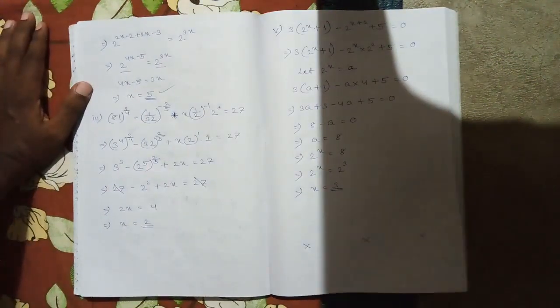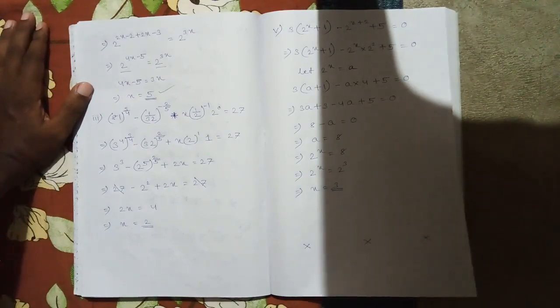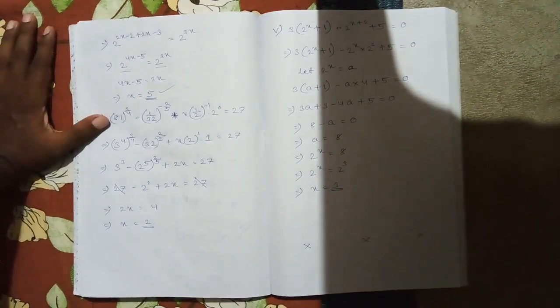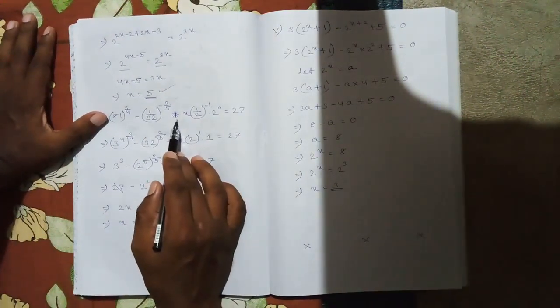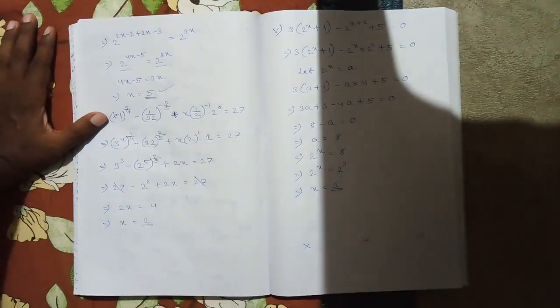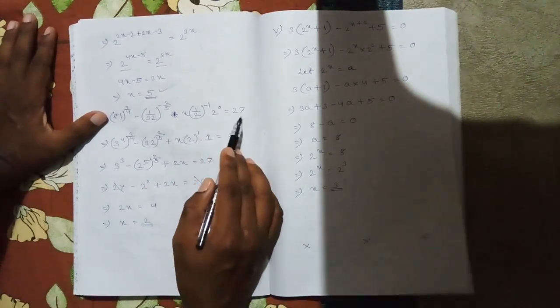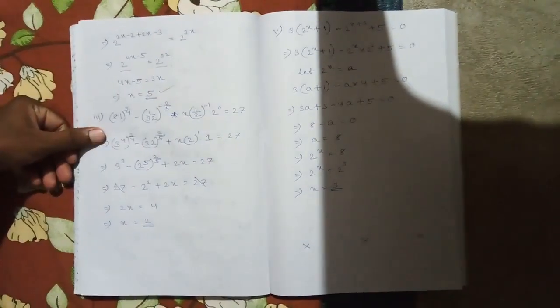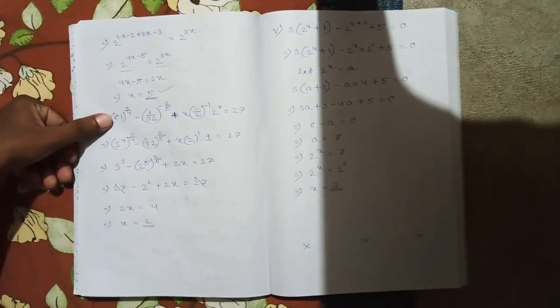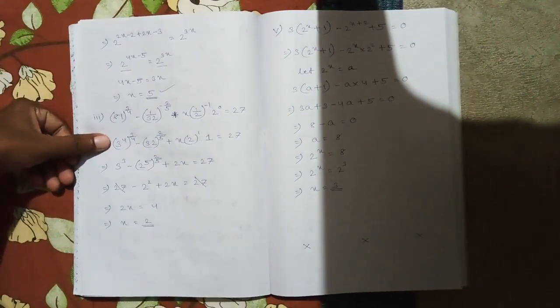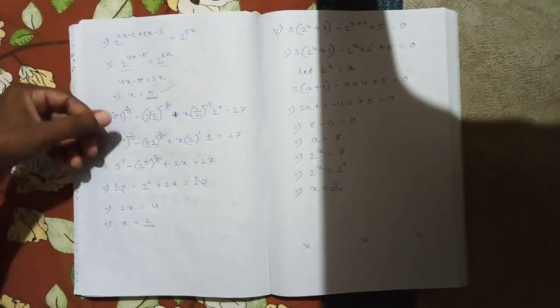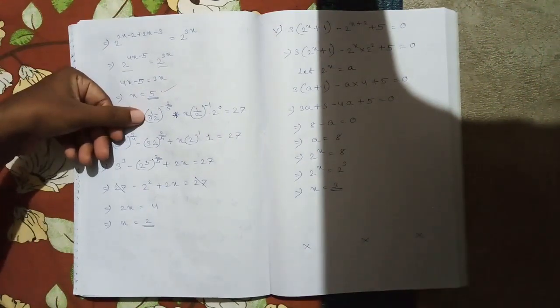Now move to third bit. 81 power 3 by 4 minus 1 by 32 power minus 2 by 5 plus x into 1 by 2 power minus 1 into 2 power 0 is equal to 27. 81 can be written as 3 power 4, then whole power 3 by 4 minus 1 by 32 power minus 2 by 5.